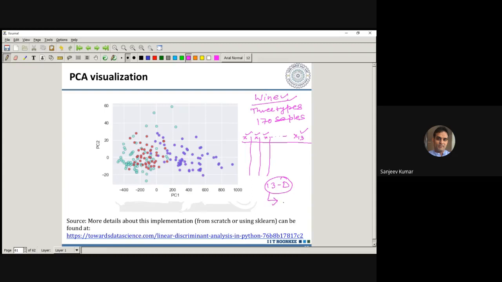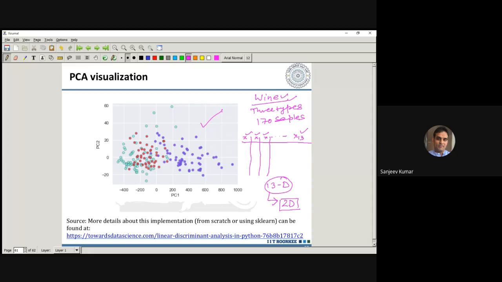I want to apply the PCA, reduce it into 2D, and then project it. Okay, so once you do it, you can see here each color is representing a different type of pattern.